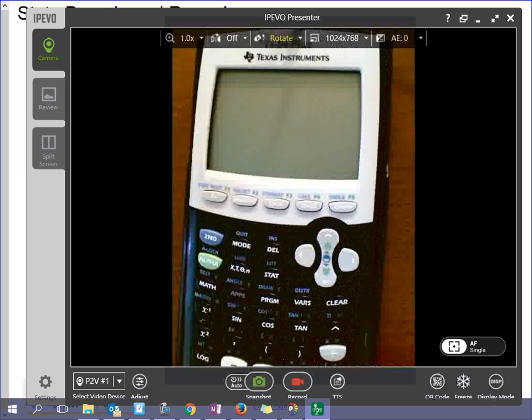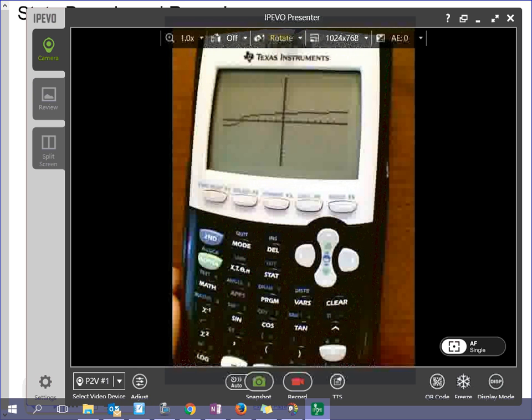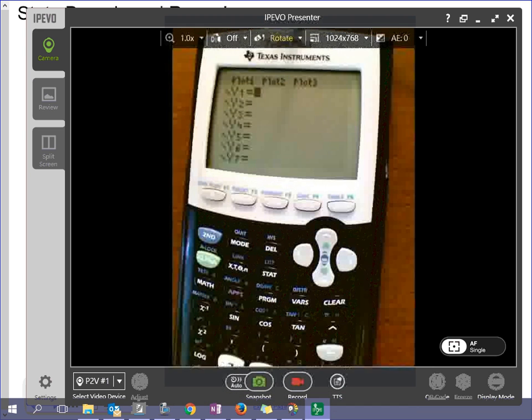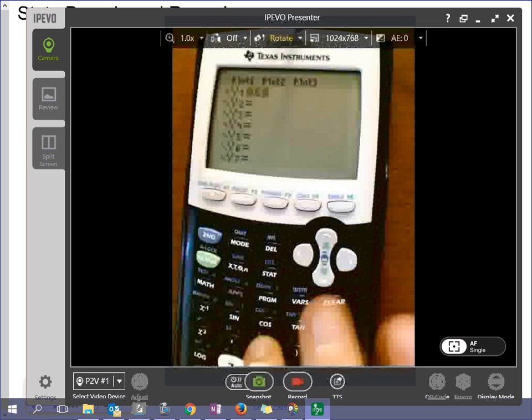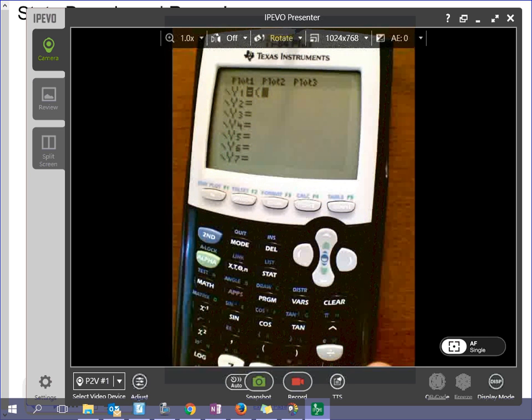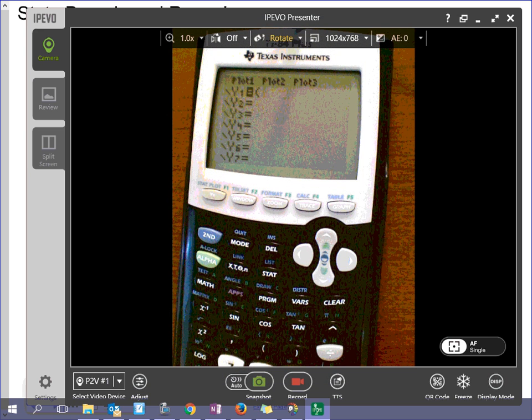See if it passes the horizontal line test. If I go to my y equals menu and I want to have a numerator over a denominator, some of you have math print, which will do that for you, so you'll actually see a top and a bottom of a fraction. If your calculator doesn't have the math print capability, then you need to group your numerator with parentheses and group your denominator with parentheses. What was the numerator? 5 minus x.